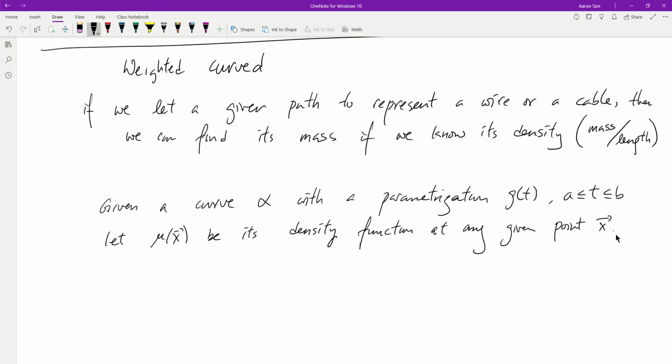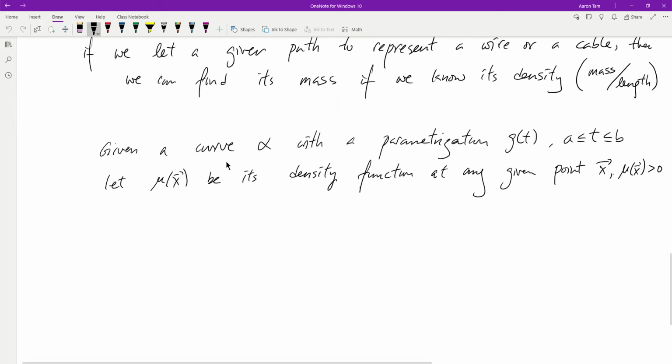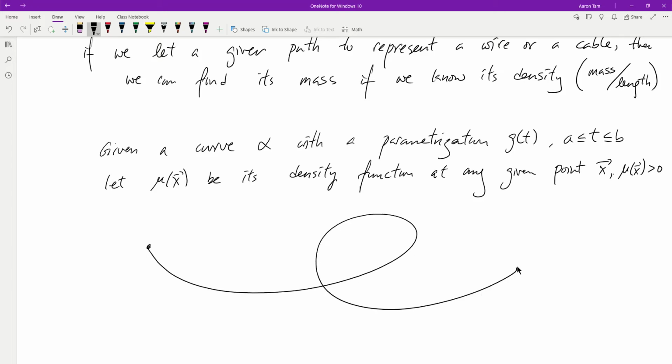And of course, because this thing is a density function, we have to make sure that it is always greater than 0. And we already established that this is mass per length. So what happens is the following. Imagine that we have some kind of curve. And I like to draw a loop, so therefore I'm going to do that.